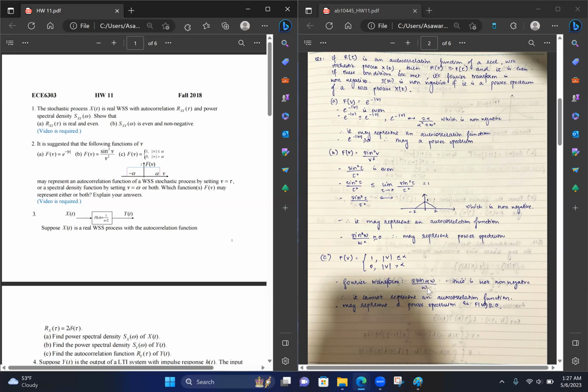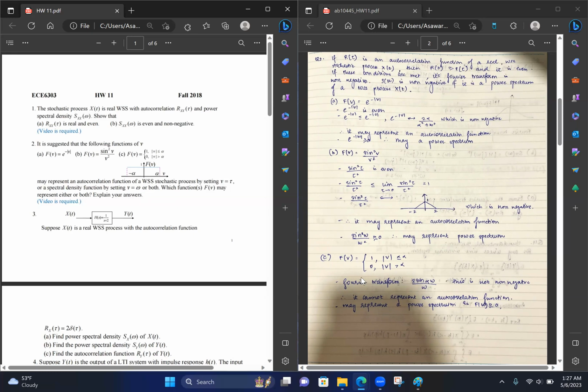So this is not non-negative. If it is an autocorrelation function for a real WSS process, the Fourier transform is non-negative, and in this case it is not non-negative, so it cannot represent an autocorrelation function.